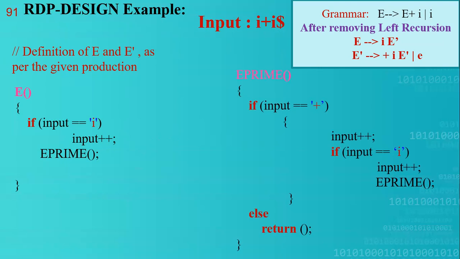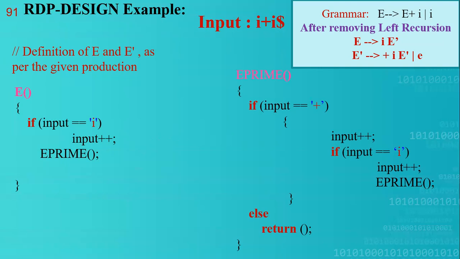So this is the corresponding production for E prime. Here E prime gives plus I E prime or epsilon, right? The first symbol is plus, so the input pointer should check whether the first symbol is a plus symbol.